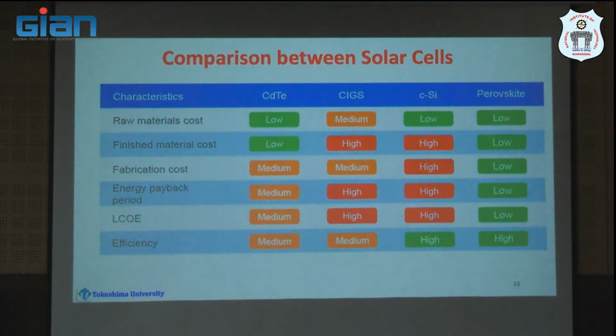All characteristics based on raw material cost or preparation cost, fabrication cost, or energy payback period, meaning if you buy the solar cell for a certain amount, whether you will get more energy than the solar cell price, and efficiency, those factors, perovskite is more advantageous than other combinations. So that's why these days perovskite.